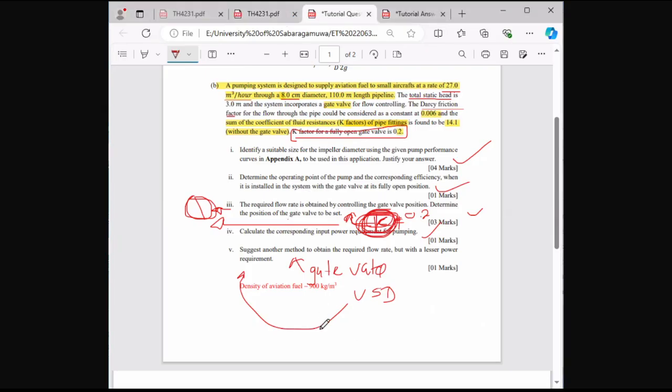I will share it using chat. Please try this one at home. I will try to discuss these questions another day.